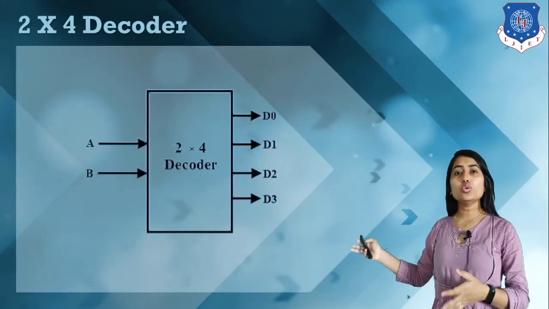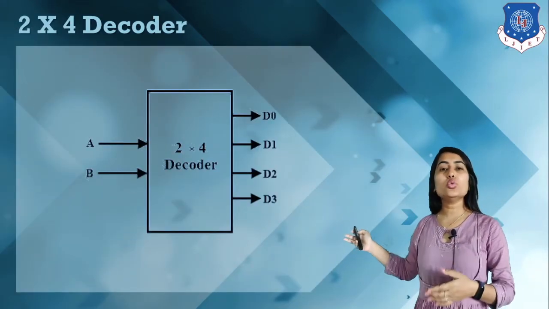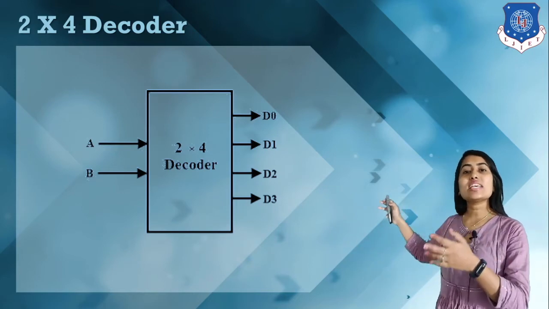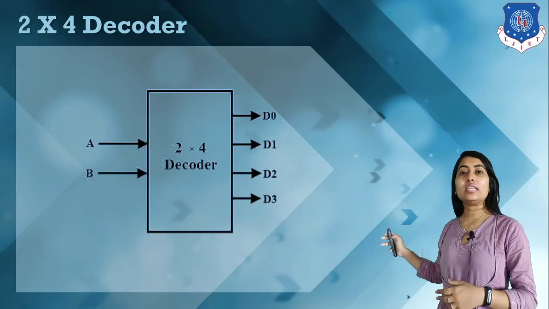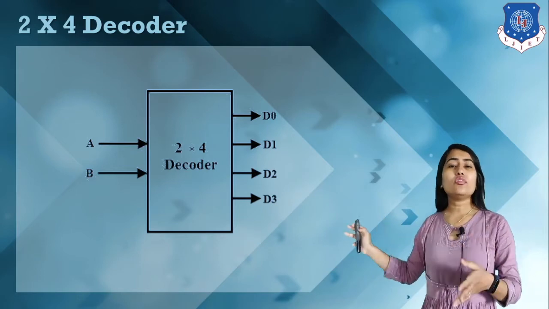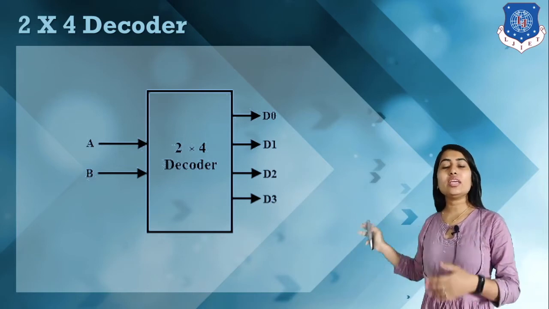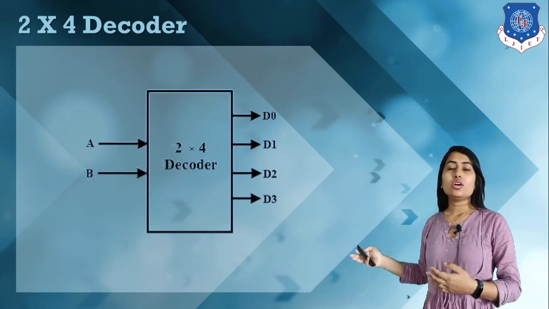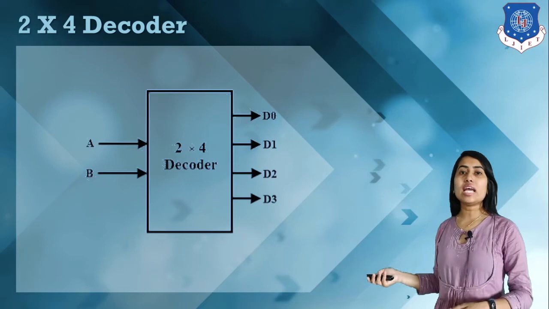Here is the basic block diagram of the 2x4 decoder. According to the values of A and B, one of the output lines is active high, and then we derive the logical expressions.